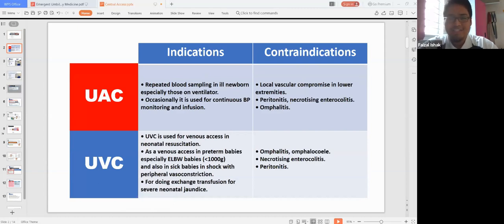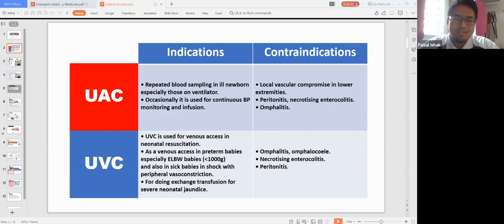And then the contraindications for the UAC are local vascular compromise in the lower extremity, peritonitis, necrotizing enterocolitis, and omphalitis. And then for the UVC, umbilical vein catheterization, the indication is venous access in neonatal resuscitation, as a venous access in preterm babies, especially extreme low birth weight babies less than 1 kilogram, and also in sick babies in shock with peripheral vasoconstriction.